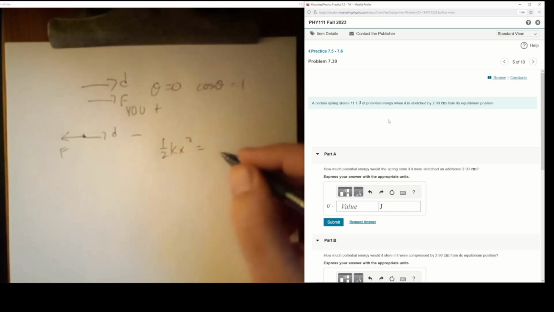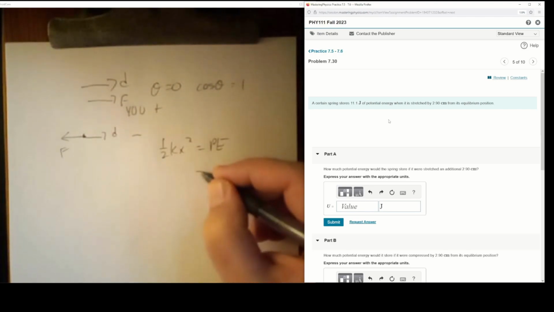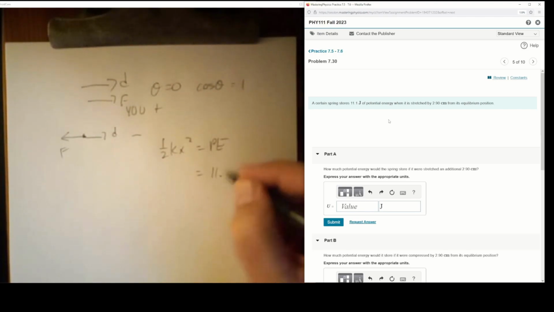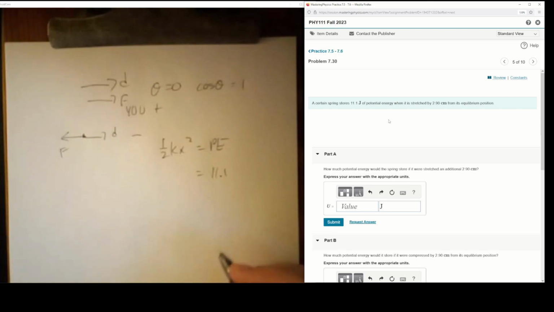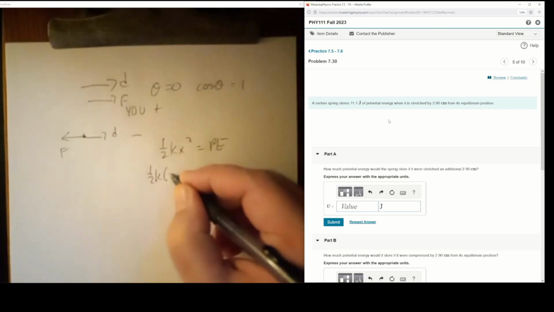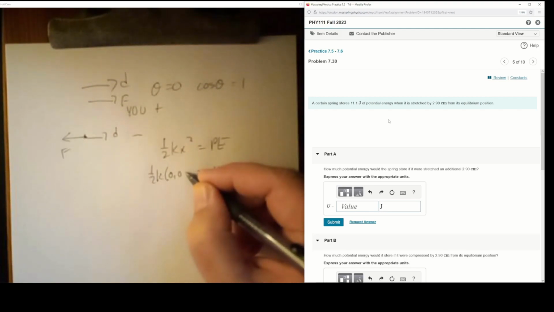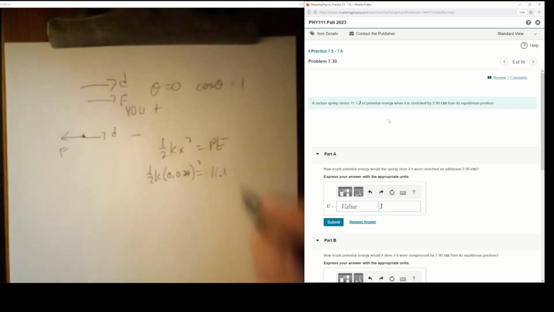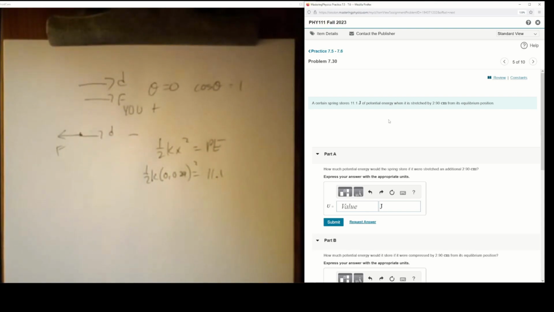They're telling us that the potential energy being stored in a spring is 11.1, and they're telling us it's being stretched 2.9 centimeters. And we're going to put that into meters, so 0.029 squared. And then this will allow us to solve for k, the spring constant.